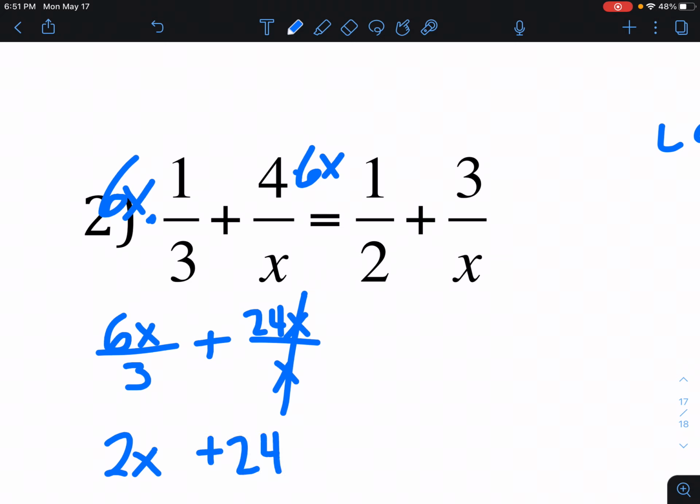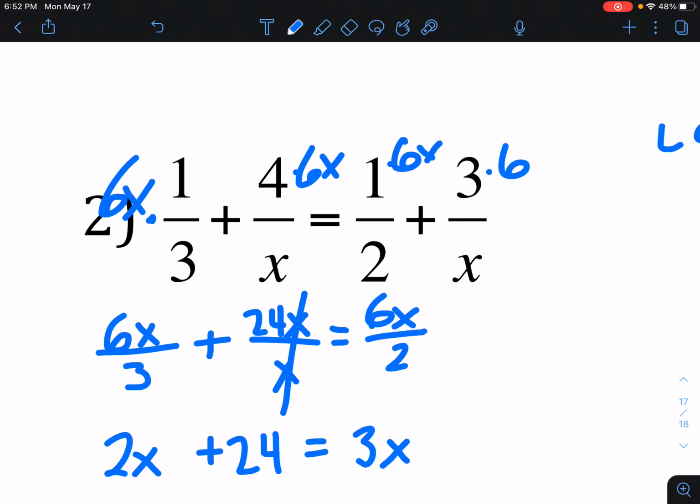The x's cancel. Then we're going to have 1 times 6x is 6x, divided by 2 is 3x, and then 3x times 6x is 18x, divided by x, the x's cancel, so plus 18.